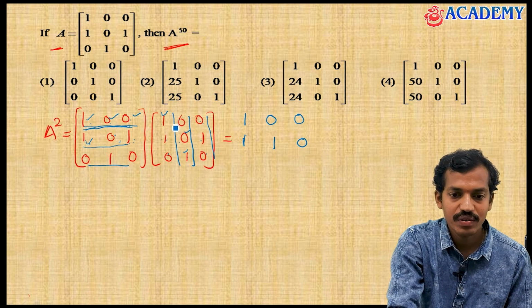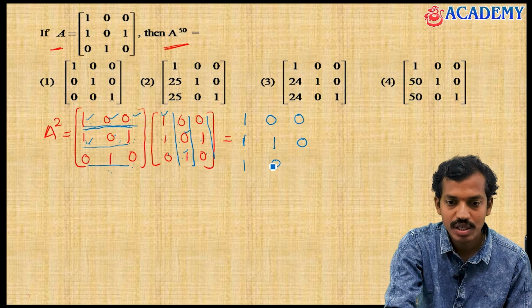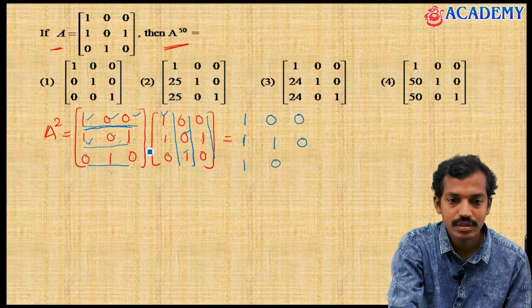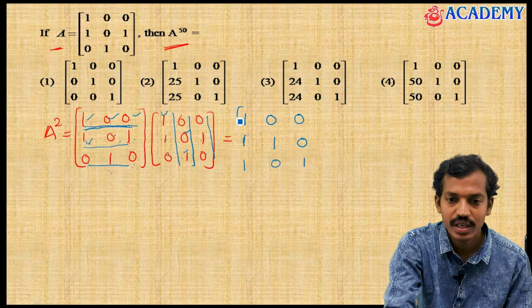Next, third row with first column: 0 into 1, 1 into 1 plus 0 into 0, 0 plus 1 plus 0, you are going to get 1. 0 into 0, 1 into 0, 0 into 1, this element is going to be 0. Next, 0 into 0, 1 into 1 plus 0 into 0, 0 plus 1 plus 0 is nothing but you are going to get 1.